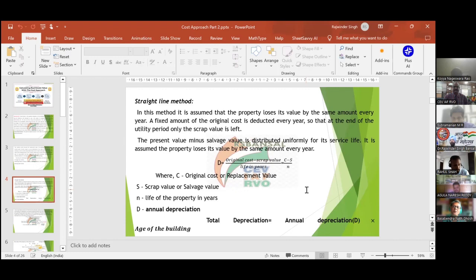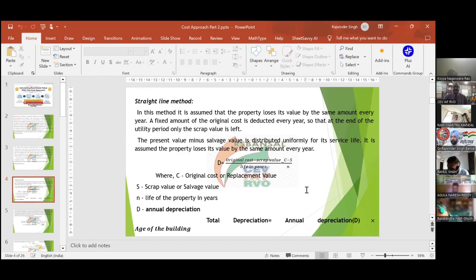So basically, salvage value is when the economic life of the building has come to an end, it can still be used. It can still be used, but its economic life has come to an end, and that value is called salvage value of the property.